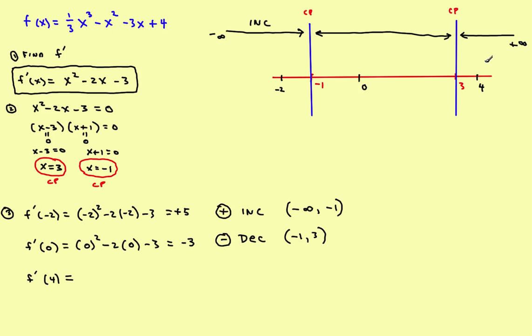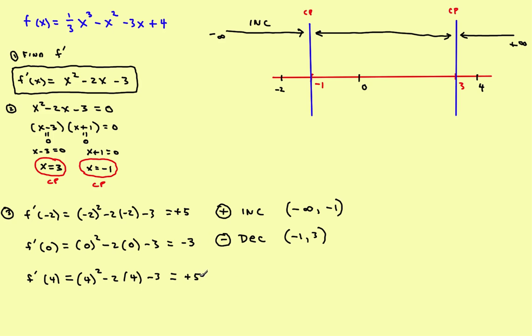Now let's find out what's going on in this third interval. We'll go ahead and plug in a 4. So 4 squared minus 2 times 4 minus 3. And what that's going to give you is a positive 5. But the point is that it's positive.